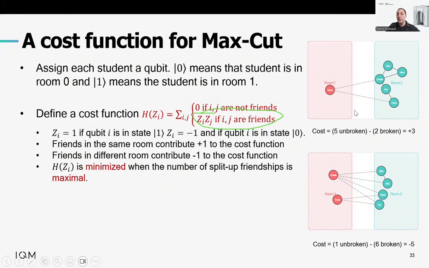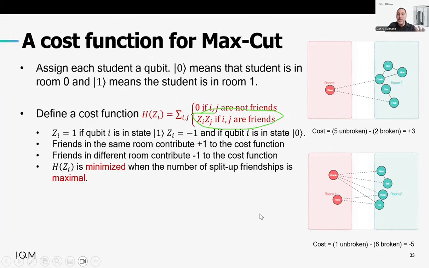Over here on the right, you can see we have 5 unbroken friendships in the top example and 2 broken friendships. So that gives us 5 minus 2, which is +3. And on the bottom, we have 6 broken friendships and 1 unbroken. So that's a cost of 1 minus 6, which is -5.